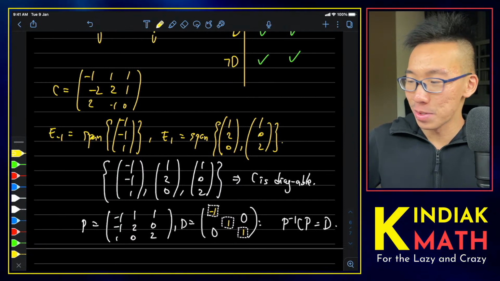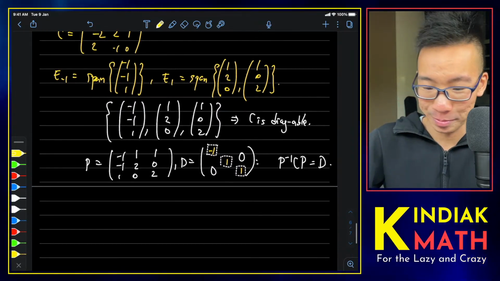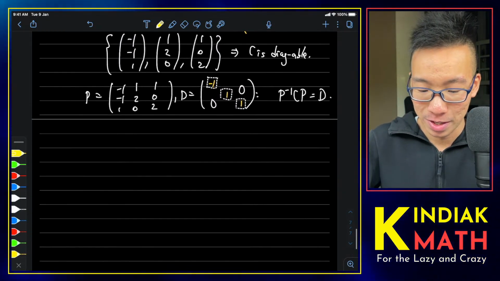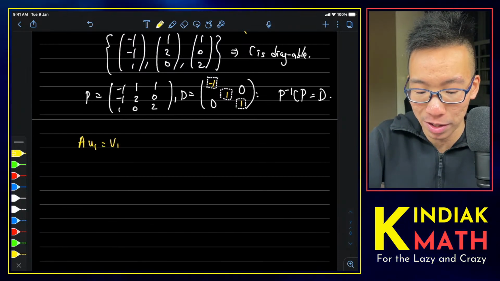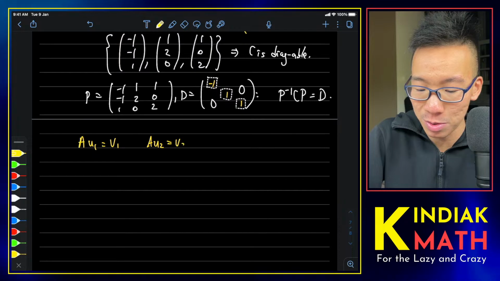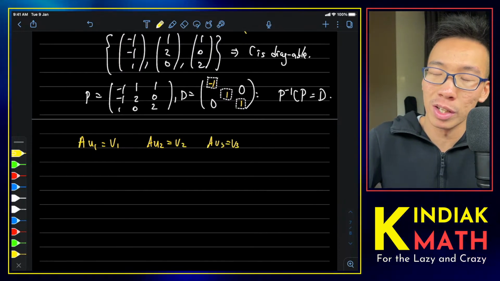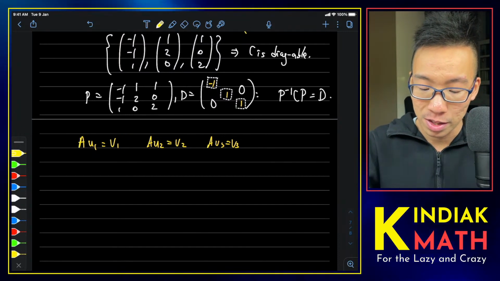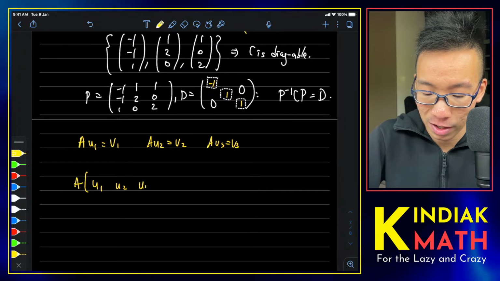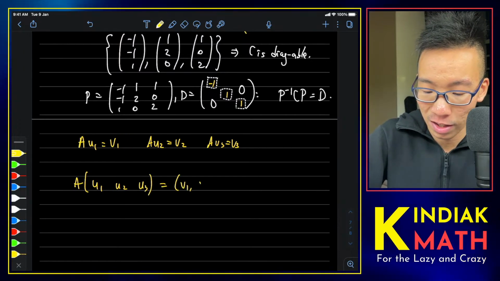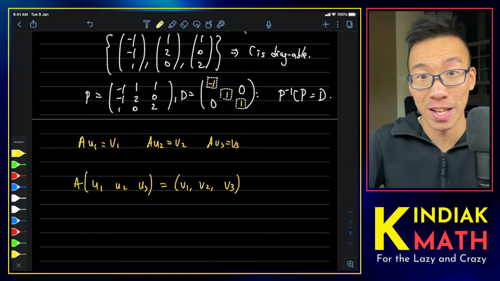Okay. Let's do some fun stuff here. Let's talk about stacking. Stacking is really cool. So the real question: if you have AU1 equals V1, AU2 equals V2, AU3 equals V3, and of course you assume U1, U2, and U3 are linearly independent, then why does this work? I think we have the answer from just now, right?